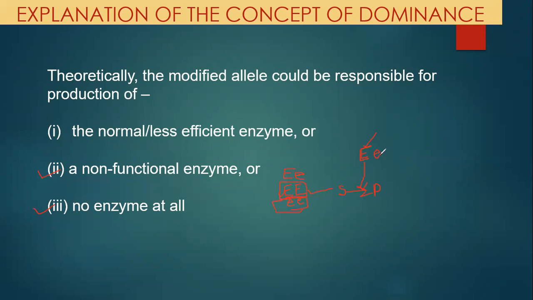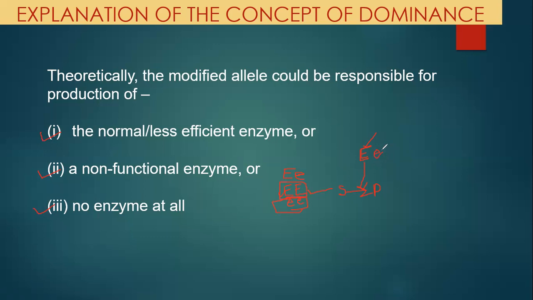Because small e is defective and modified, it is not producing any enzyme, or only a non-functional enzyme. So only capital E will be expressed, and that is why we call capital E dominant. But if the modified allele small e is producing a normal efficient enzyme, then there is no problem; substrate will be converted into product.